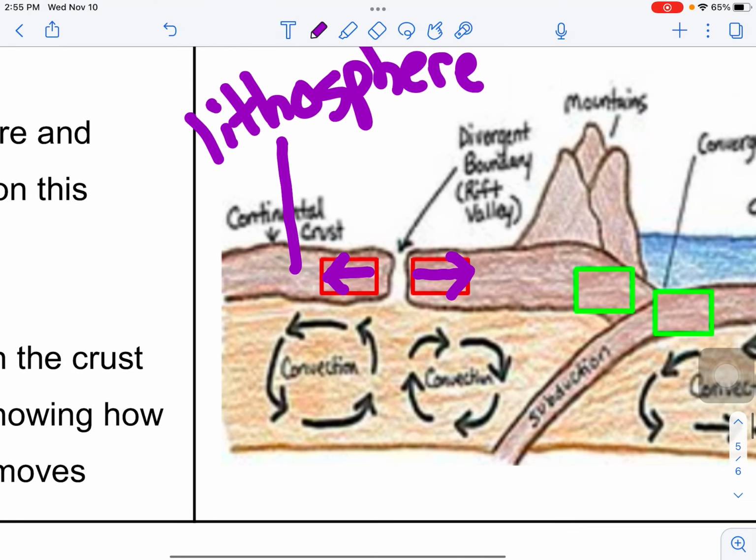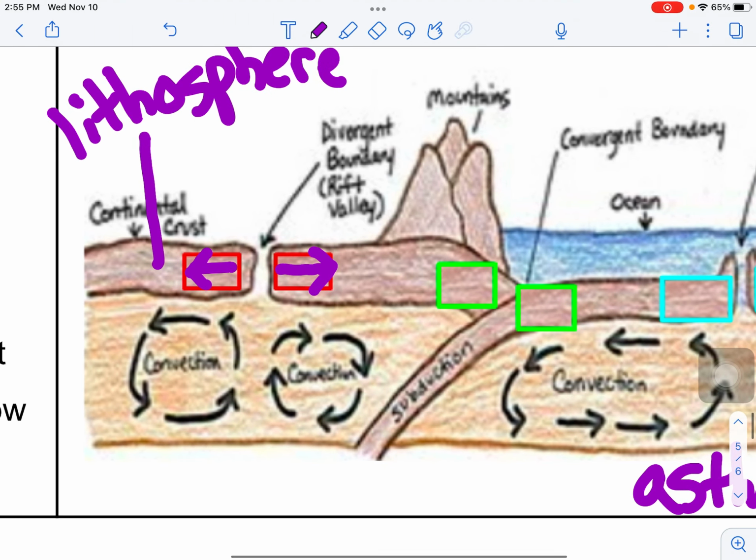Okay, let's take a look at this next one here. Now we've already looked at the motion of this plate right here. We know that it's moving this direction. I can see that by this convection current that's moving to the right.